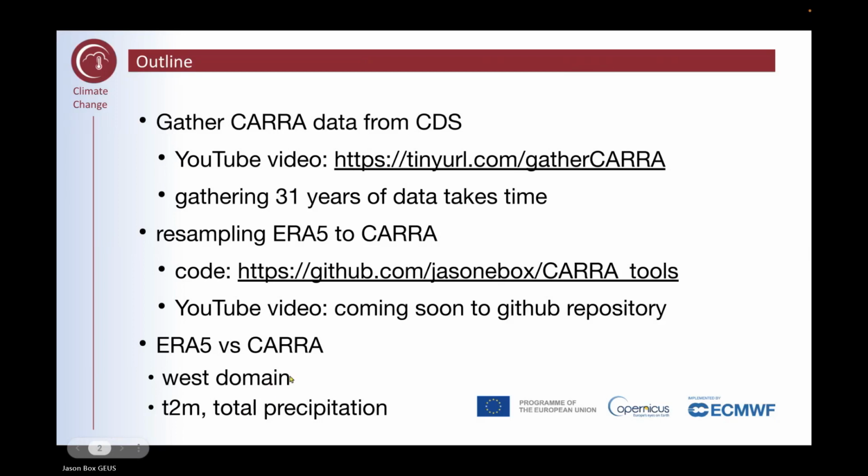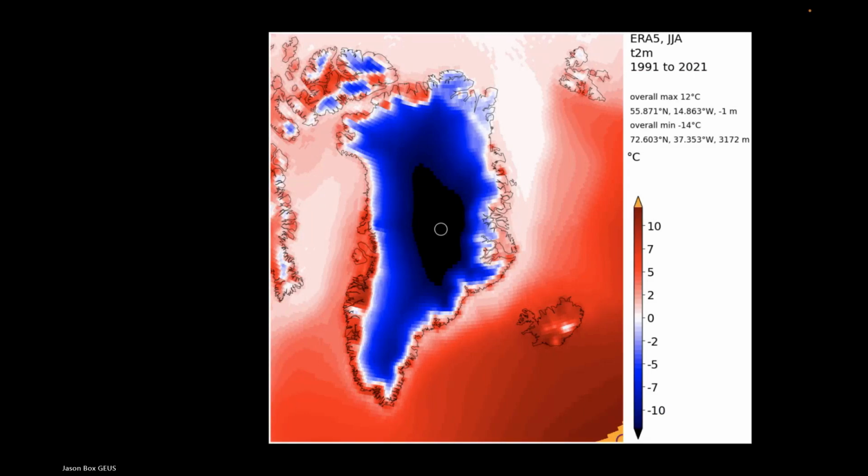And this is for this west domain of CARRA. So already here you see ERA5 June, July, August for a 31-year period that is resampled to the CARRA grid. I use nearest neighbor so you can see the kind of Lego effect if you squint your eyes here.